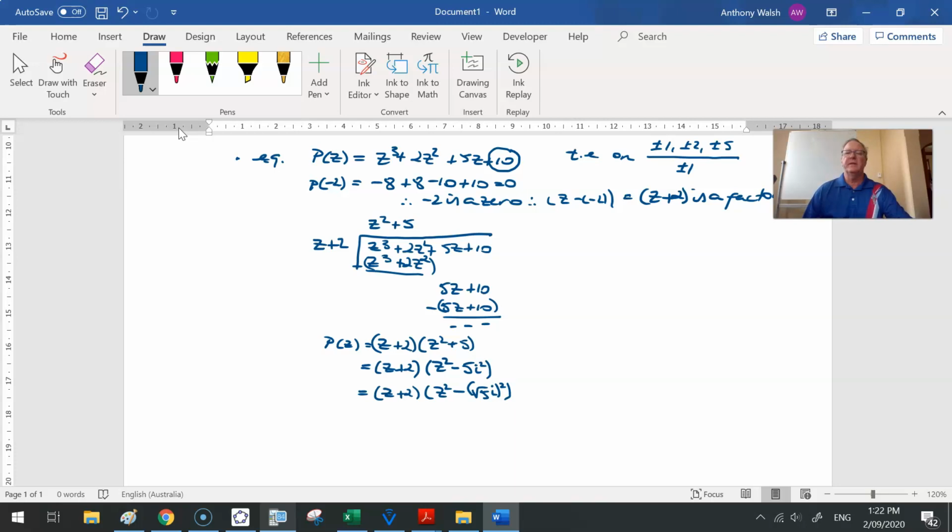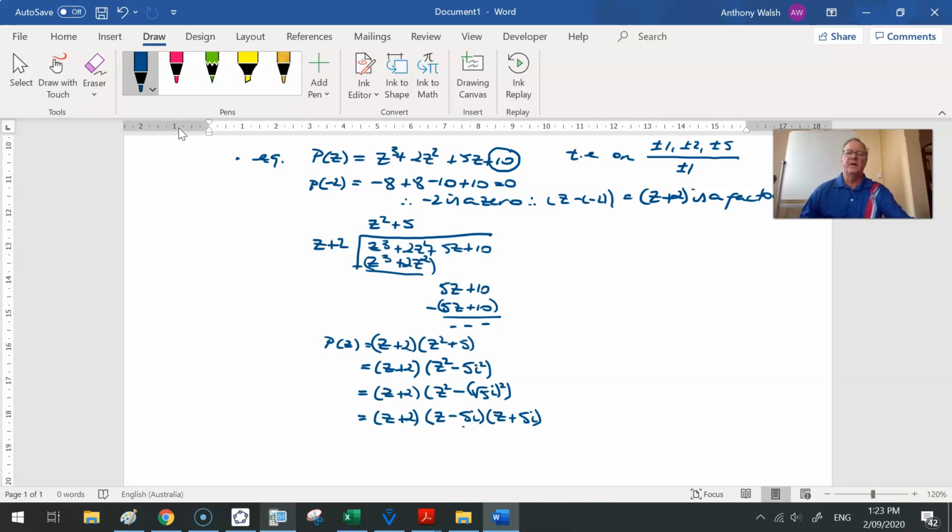Now by doing that, I've changed it into a difference of 2 squares, which is handy because I can use the other side of the difference of 2 squares rule, which says, if I look at z squared minus root 5 i squared, I can change that into z minus root 5 i, but also multiply that by z plus root 5 i.